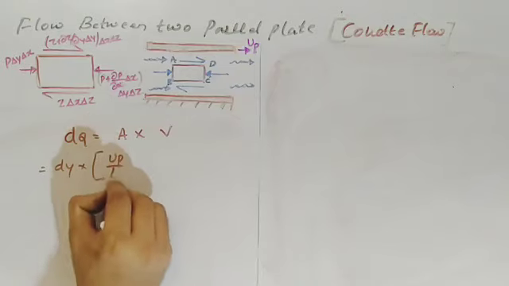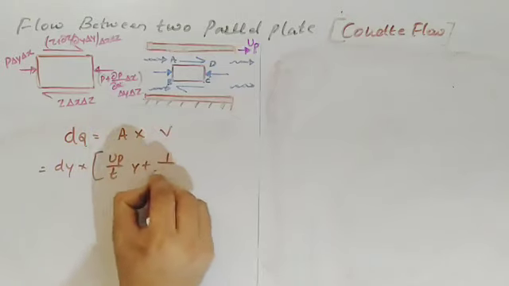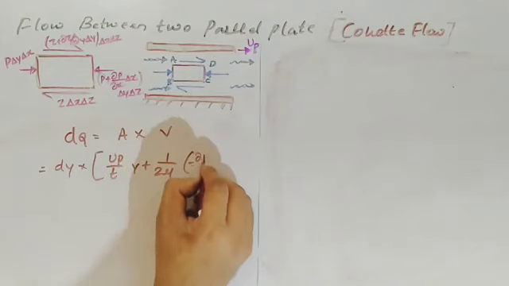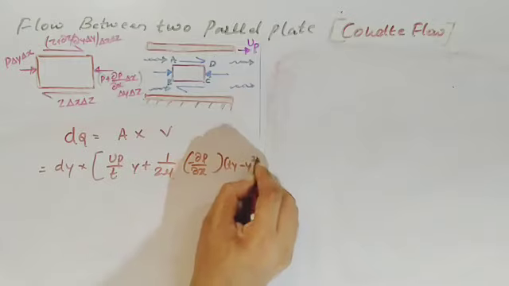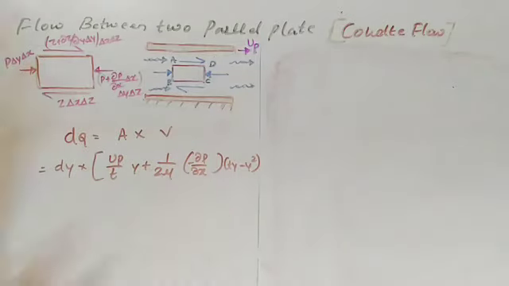Then the velocity is u_p by t into y plus 1 by 2 mu into minus dou p by dou x into ty minus y square. Now this is an equation.